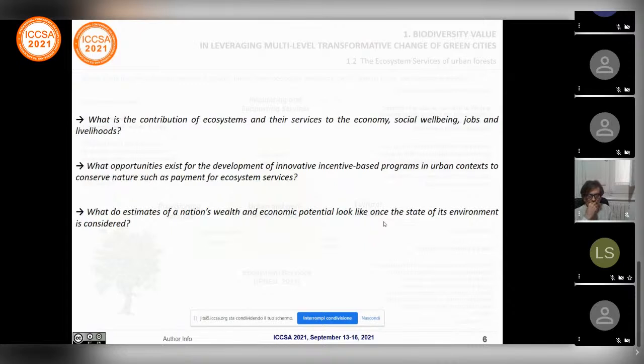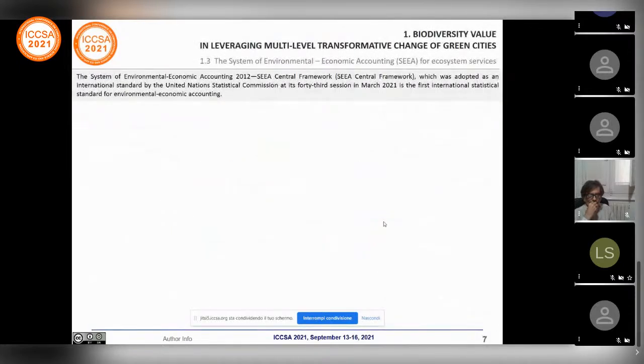To answer this question, currently the System of Environmental Economic Accounting is proposed as the first international statistical standard for environmental economic accounting, to be considered in the evaluation process and in the design and policy management of the territory.